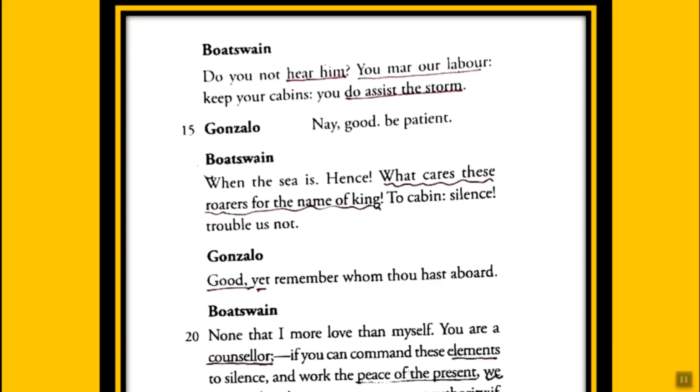If you can talk to these elements, that is the wind, waves, storm, ocean, etc., and ask them to calm down the weather, we will not be required to handle the rope to make the ship stable, means we will not have to work. If you are so powerful, go and talk to these elements and ask them to calm down.